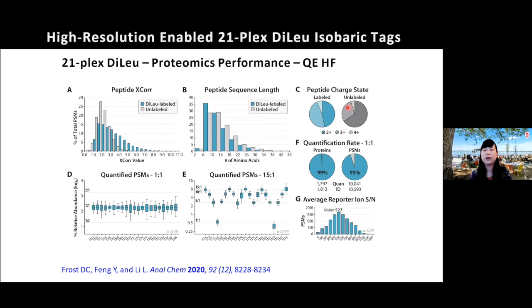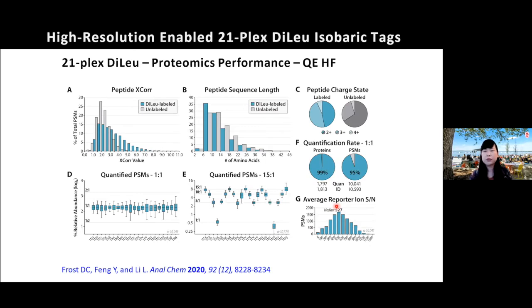This also induced a little bit of enhancement in the charge state, and the quantification rate at the protein level achieved 99%, and peptide spectrum matches 95%. We've also evaluated its quantification ratio at 1-to-1 and 15-to-1, and these different combination ratios all show pretty decent, acceptable quantification performance. And this last panel shows the average reporter ion signal-to-noise ratio.